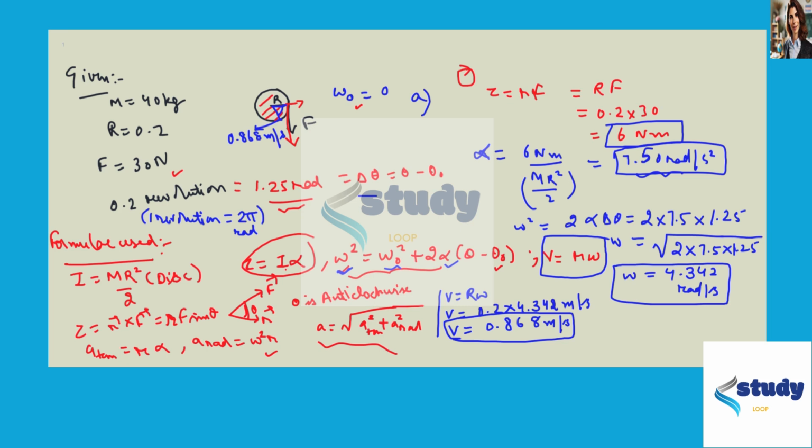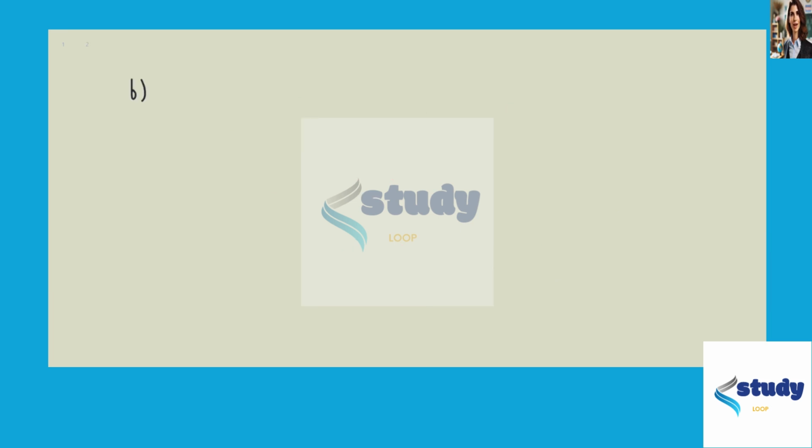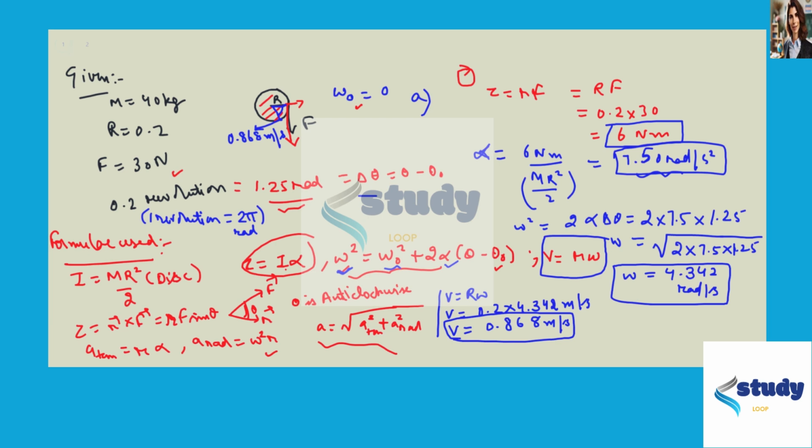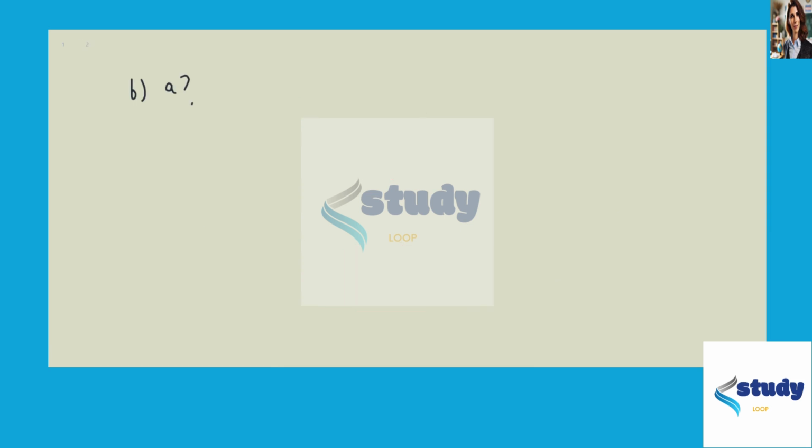Now going to part B, we have to find the resultant acceleration. First we need to find the tangential and the radial components. We know everything: we know omega, we know alpha. The tangential acceleration is equal to r alpha, which is 0.2 times 7.5, which is 1.5 meter per second square.